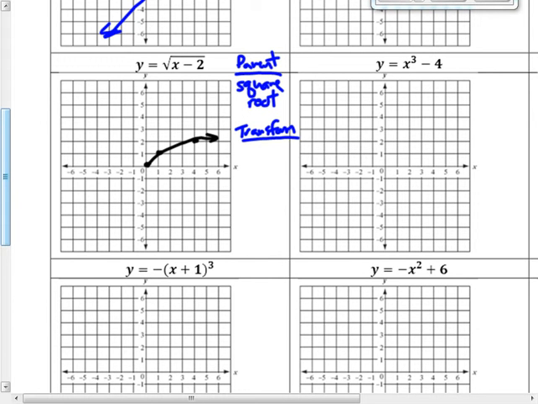So my transformation of -2 actually tells me that I moved this graph to the right 2. That ends up looking like the same exact graph, just moved to the right 2.